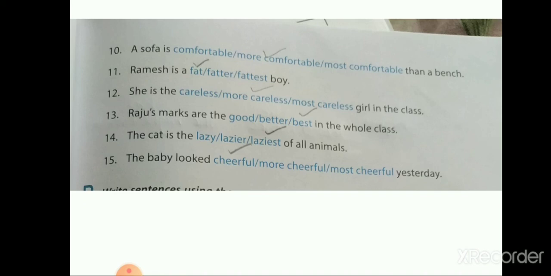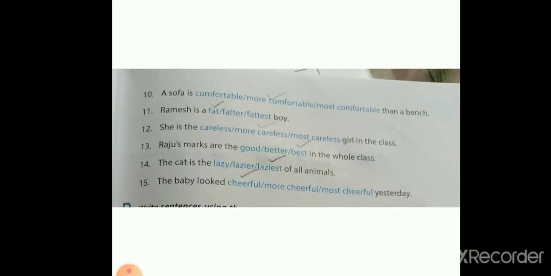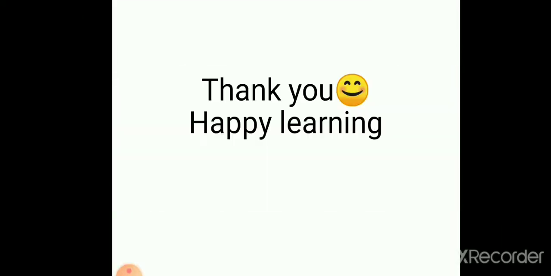That is when the sentence turns into a superlative degree of comparison. I hope you understood, children, and I'll be sending you the PDF for the rest of the exercise to be done. Understand it and write it in your grammar textbook.